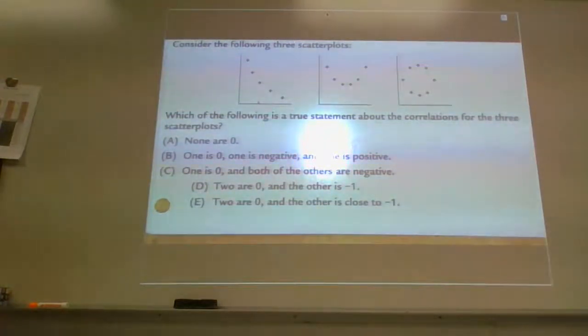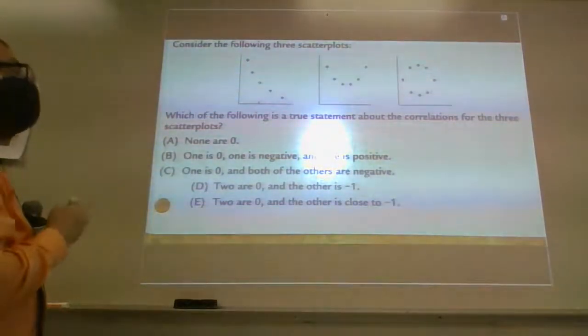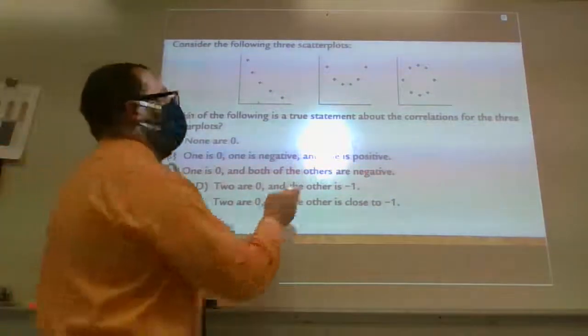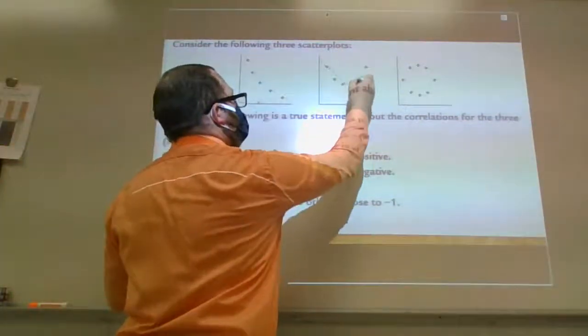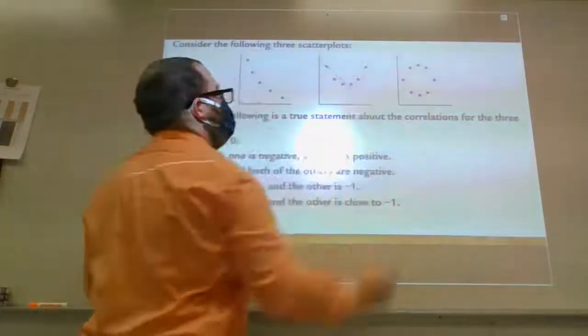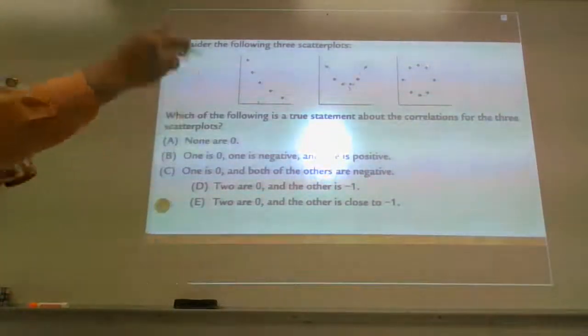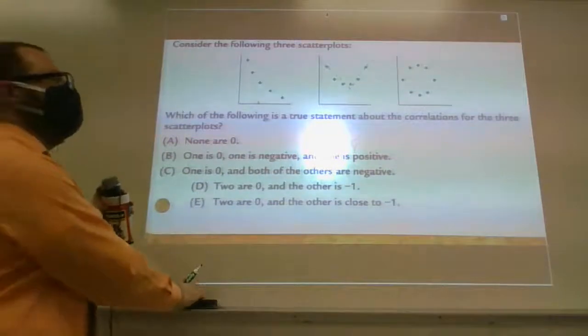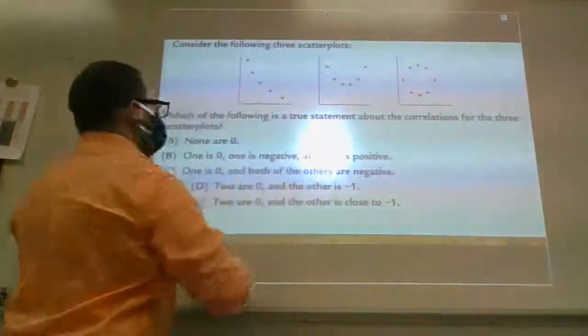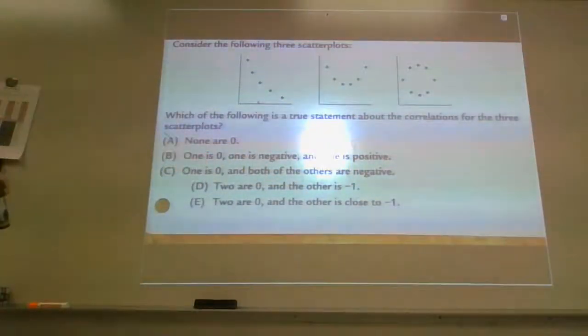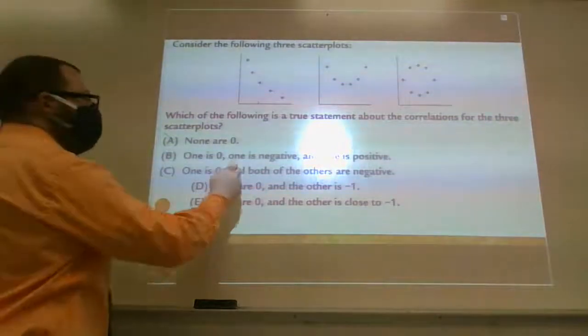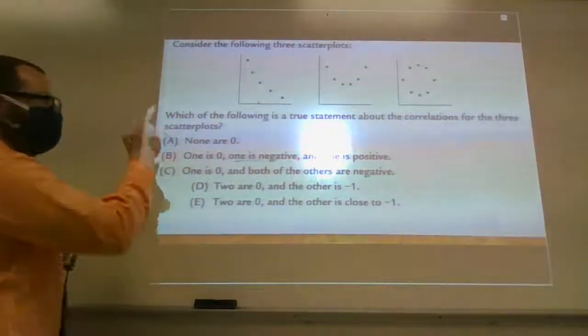None of them are 0. Well, that's not exactly true, because this one definitely looks like a correlation of 0. It looks like the negative correlation and the positive correlation end up canceling each other out. None of them are 0. That one's gone. Definitely one is negative. The first one's definitely negative.